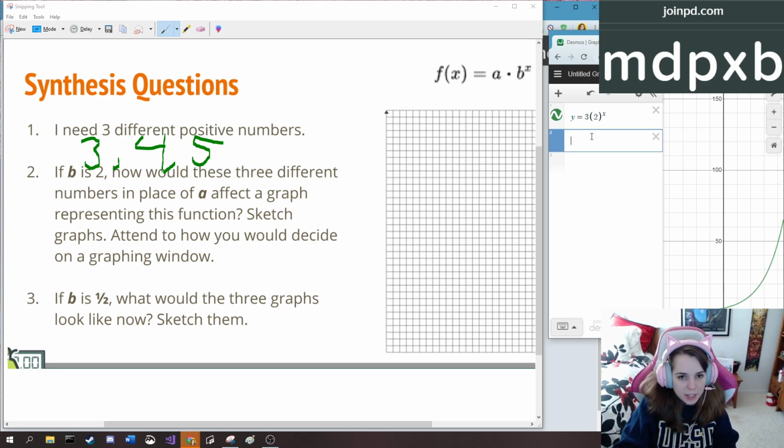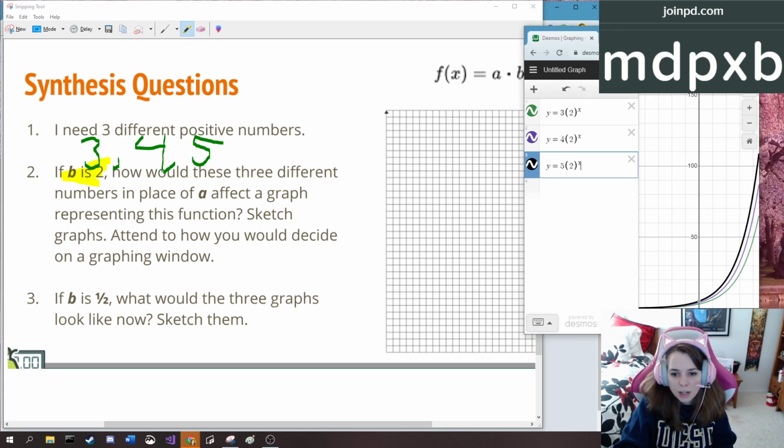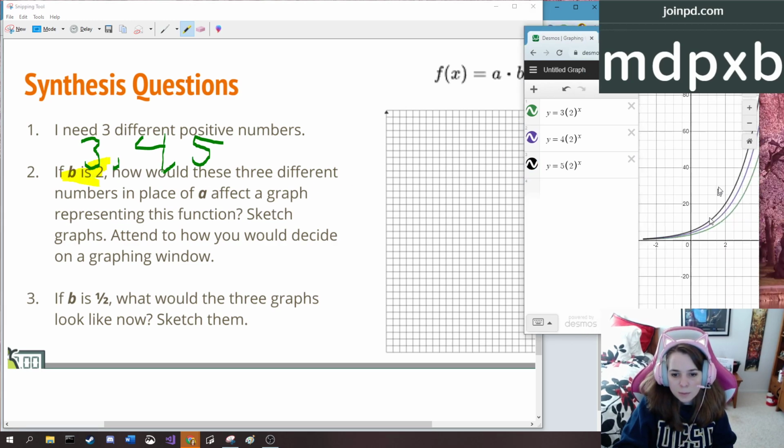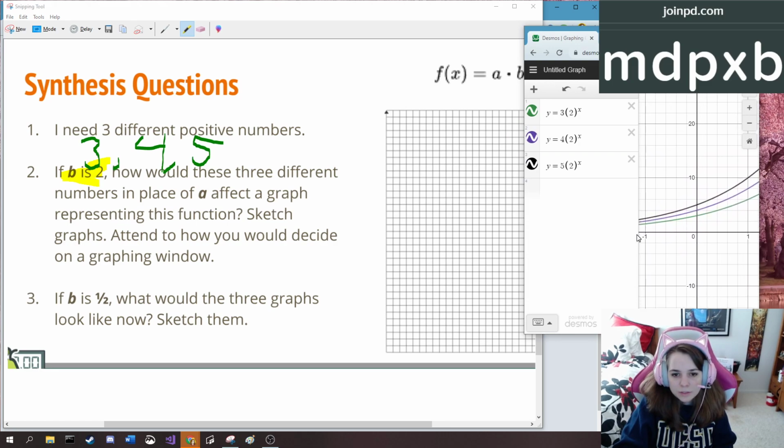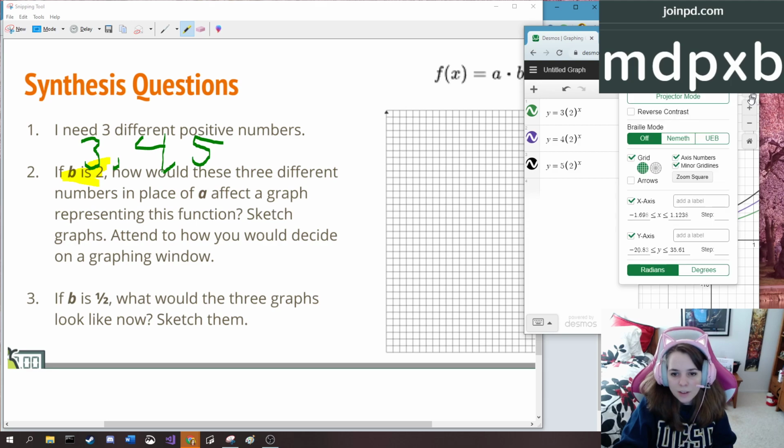So here we have 3, 4, and 5, and our B value here is going to stay the same. So B is going to be 2. I'm going to zoom this in a little bit so we can see it better. So if our starting value, let's go to 10.